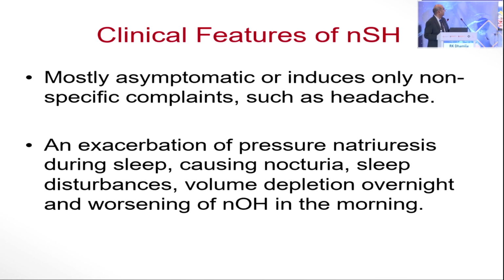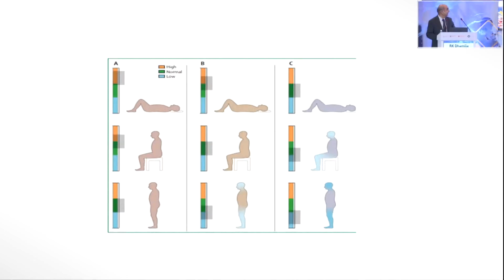Mostly these patients are asymptomatic, but pressure changes, natriuresis during sleep, nocturia, sleep disturbance, volume depletion overnight, and worsening of orthostatic hypotension can be triggers and identifiable symptoms. We should be vigilant and aware of these symptoms so that we can get 24-hour ambulatory BP monitoring for these patients. That is important.